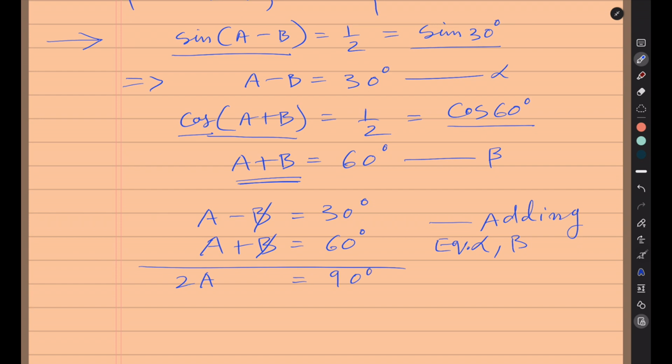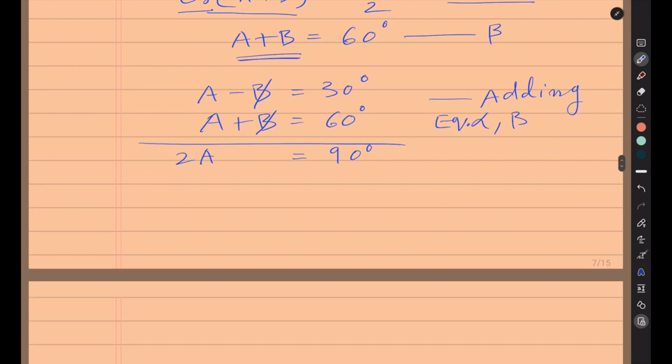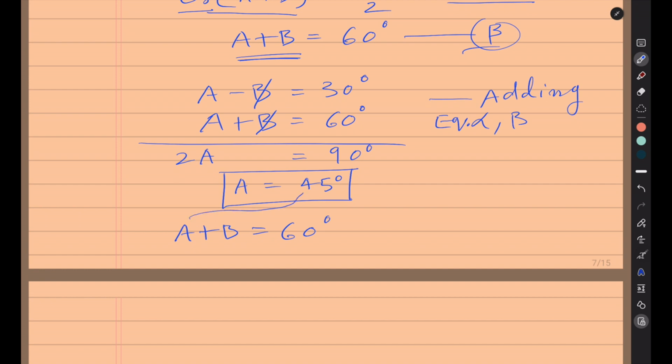So 2 times A is equal to 90 degree. It means A is equal to 45 degree. So that is one of the answers. And then putting the value of A in equation beta. So what is equation beta? A plus B is equal to 60 degree. But A is 45 degree.